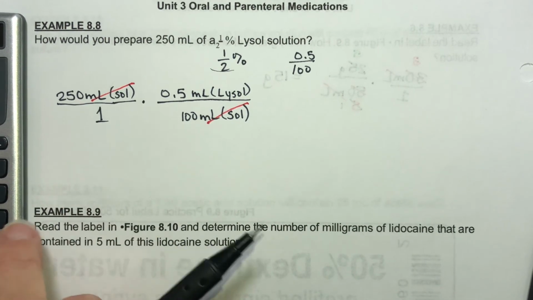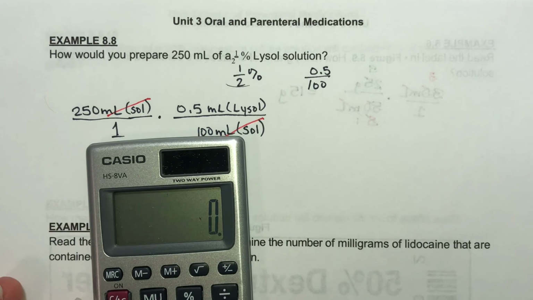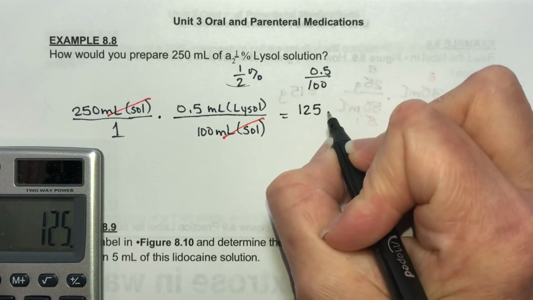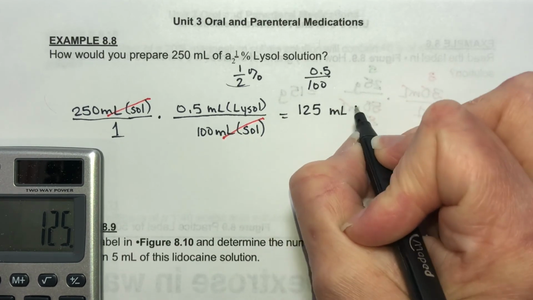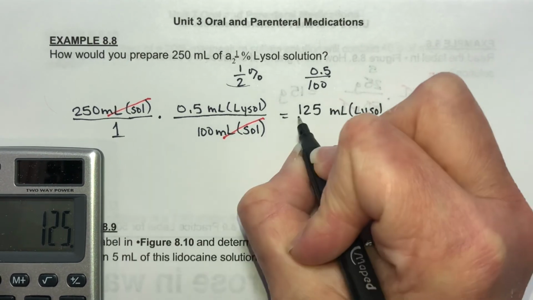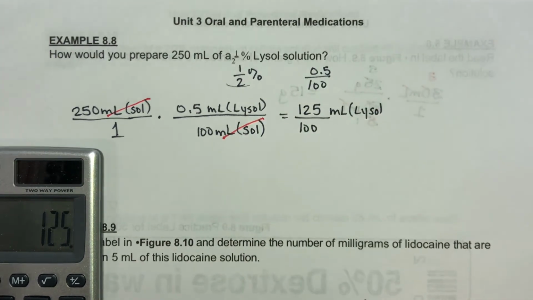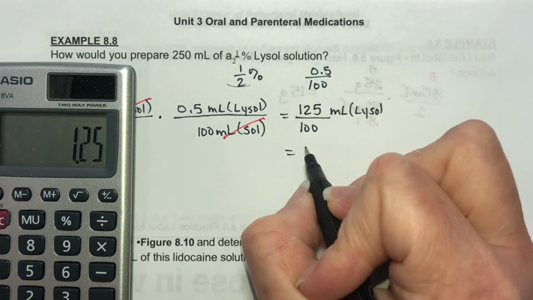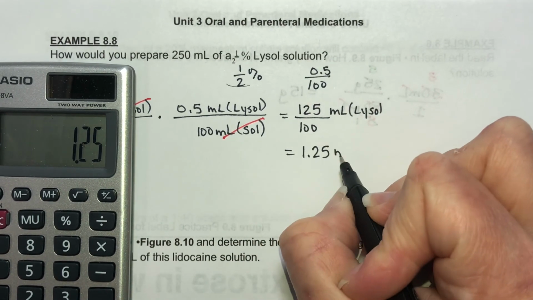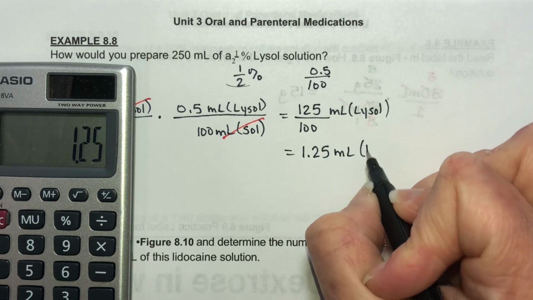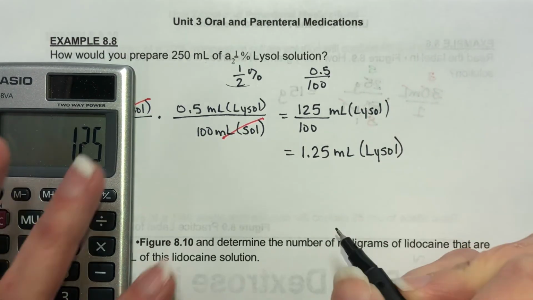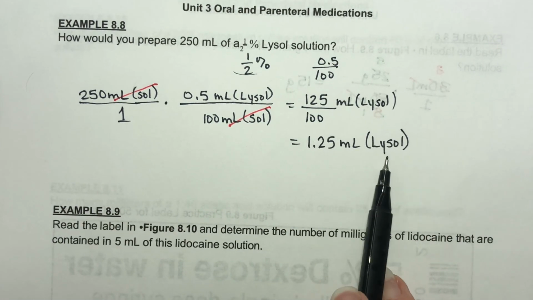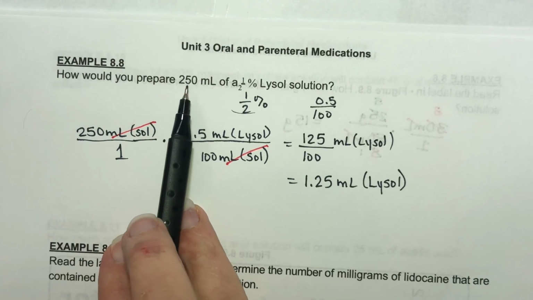That will give me 250 times 0.5, which is 125. That's milliliters of Lysol over the 100 we have in the bottom still. 125 divided by 100 is 1.25 milliliters of Lysol. So what we would need to do is we would take 1.25 milliliters of the Lysol and we would add water until we ended up with 250 milliliters total.